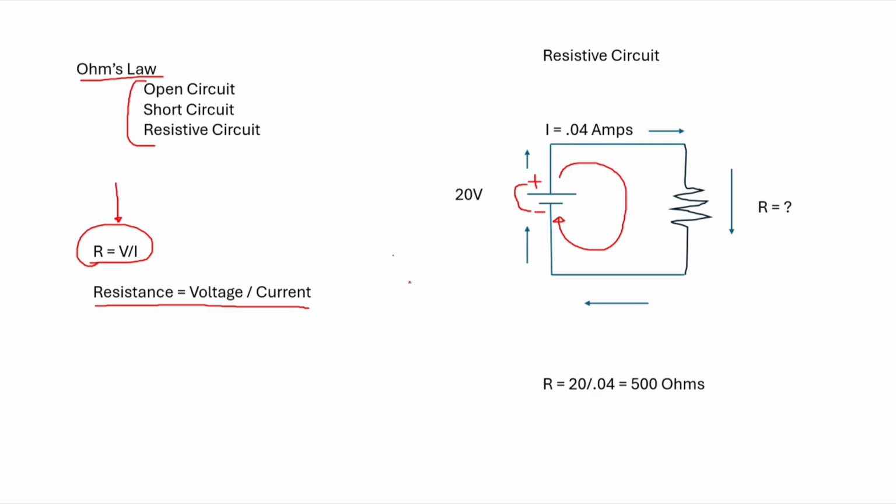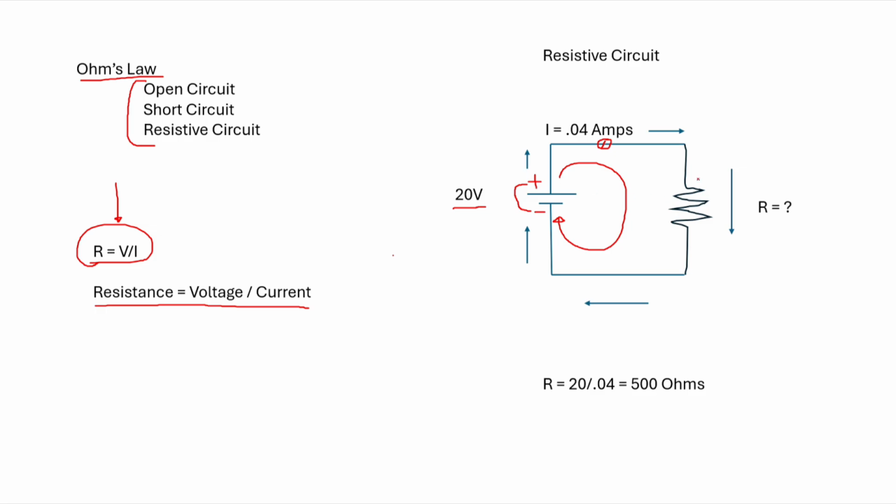All right. So let's say that I know I have a 20 volt battery and I've tested it. I've put a voltmeter across it and it's 20 volts. Let's say somewhere I have a little ammeter in here, and I'm reading that I have 0.04 amps, or 40 milliamps, flowing through the circuit.